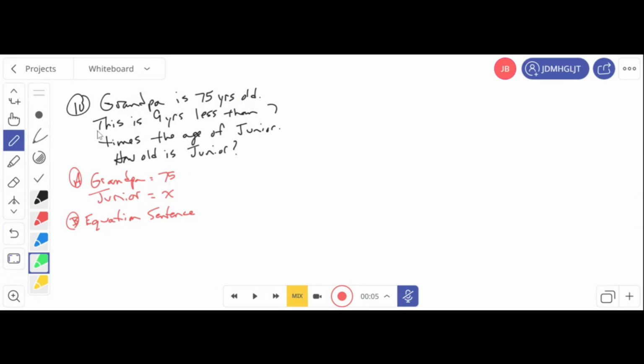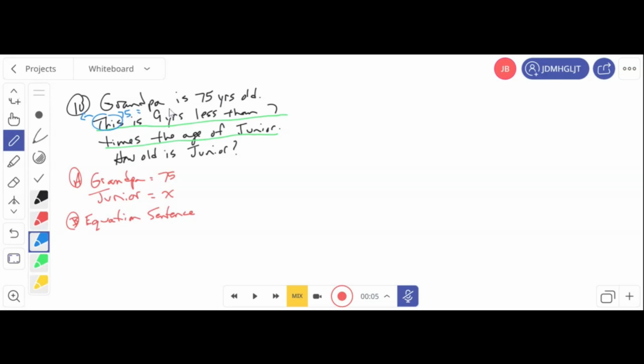The equation sentence is this is 9 years less than 7 times the age of Junior. So the word this refers to what was mentioned before, which is 75.